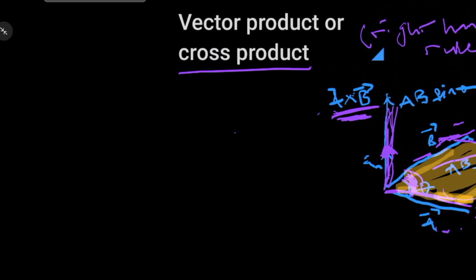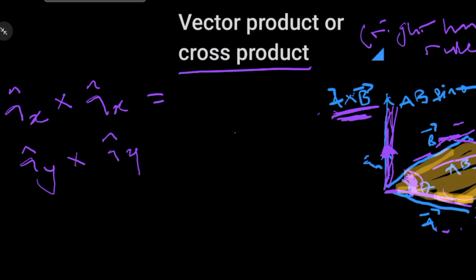Let's just know that if we have a unit vector multiplied by the same unit vector, this is equal to the unit vector on the other axis, and it's also equal to the unit vector on the z-axis, and they're all equal to 0.